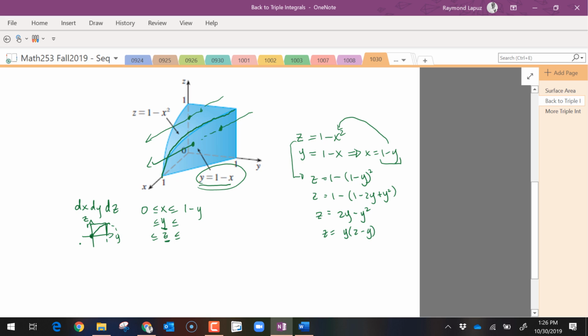So the intercepts are 0 and 2. I only care about it in that box, the 0, 1 box. So I think this is the curve that we want. And for this plane over here, is that going to exist on the top part of this or the bottom part?